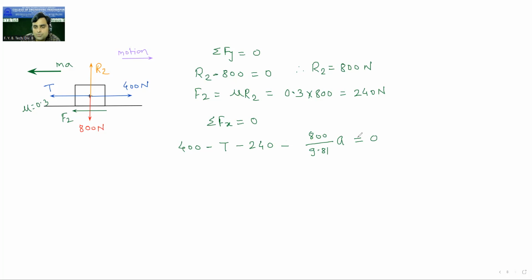So send these two terms to that side. So it will be T plus 81.5 A, which is equal to 400 minus 240, which is 160. This is equation number 2.